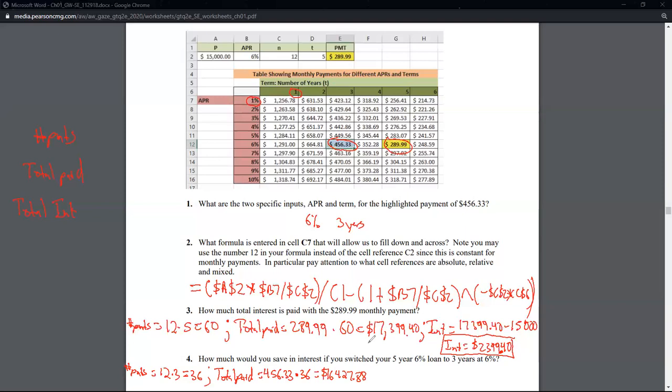So the question though was not how much do you pay? It wasn't even how much interest do you pay on the loan, it's how much do you save? But we still need the interest. So the interest is the difference of what we just got, that's $16,427.88 minus what we borrowed, which was the $15,000, which should be $1,427.88.